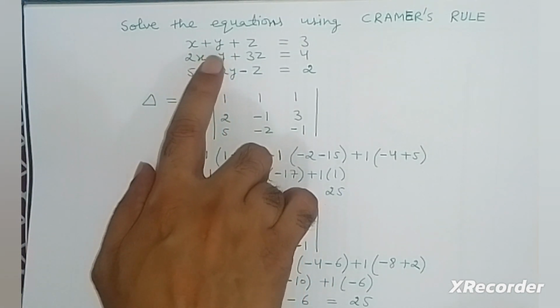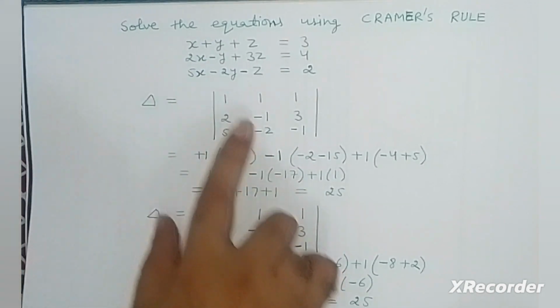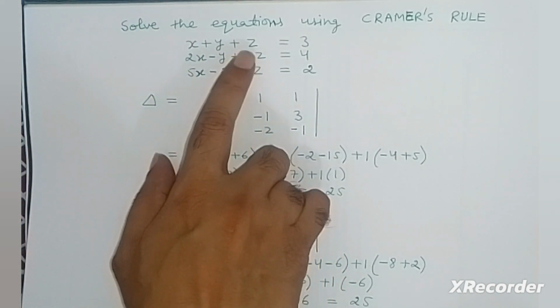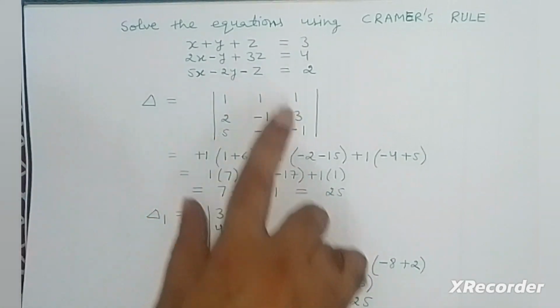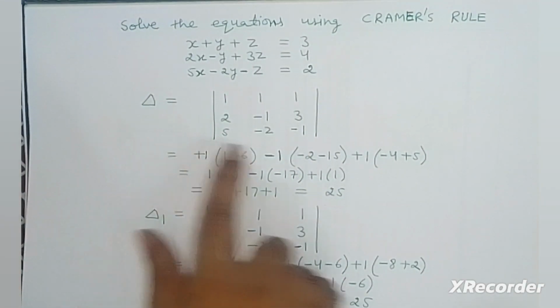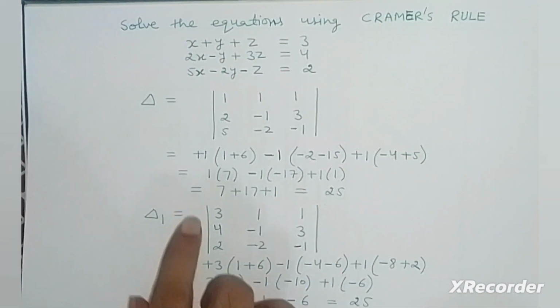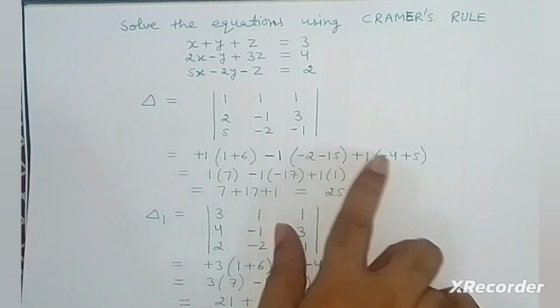Then coefficient of y is 1, minus 1 and minus 2. Coefficient of z is 1, 3 and minus 1. So first of all we write the coefficients of the equation from this side. Then we find the determinant.